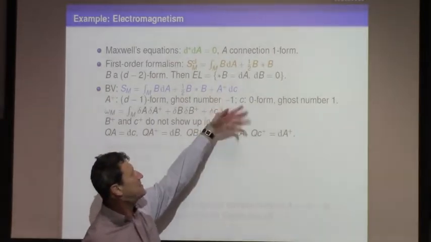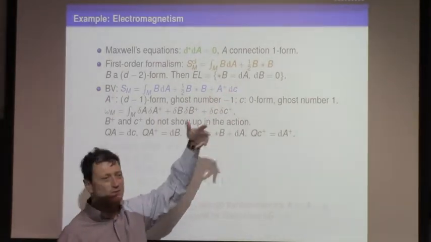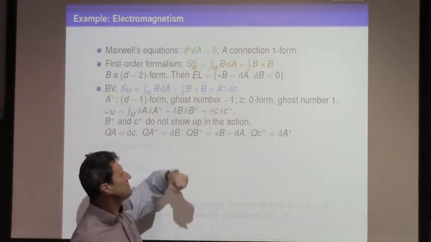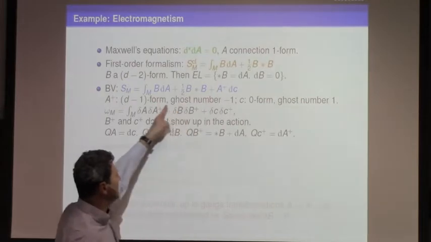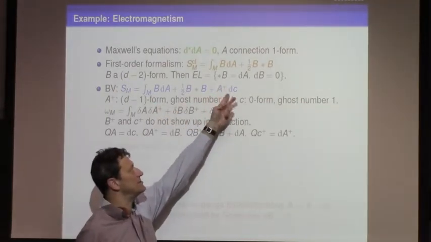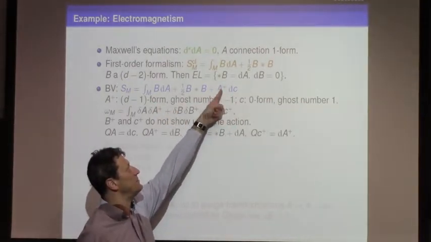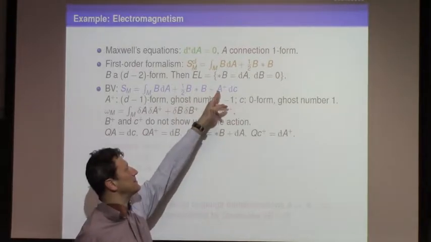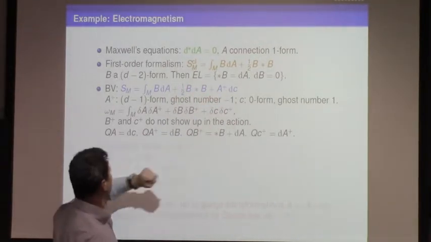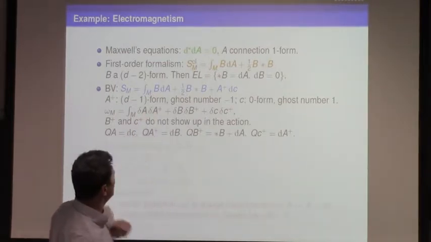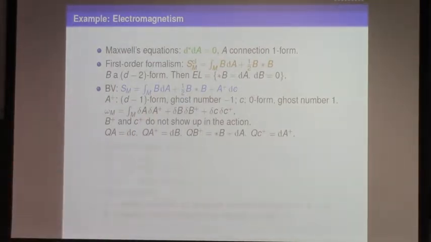So the Lie algebra of the 0 form, C is a 0 form. You give it ghost number 1, and then you just extend the action by pairing, essentially the Chevalley-Eilenberg differential, with the conjugate to A in the symplectic form. So A plus is the conjugate to A.